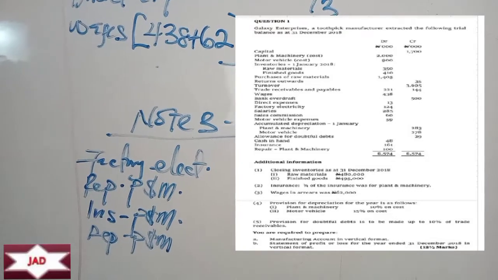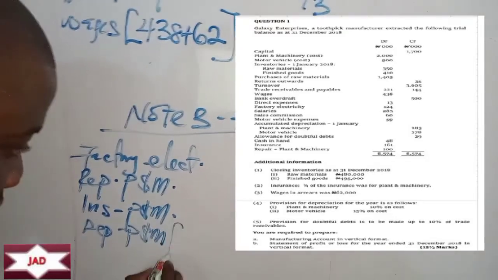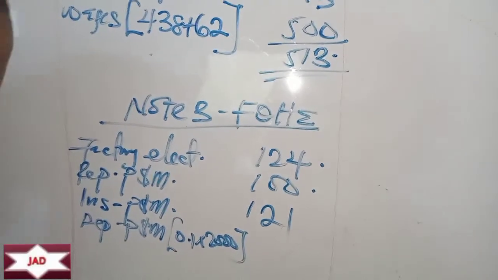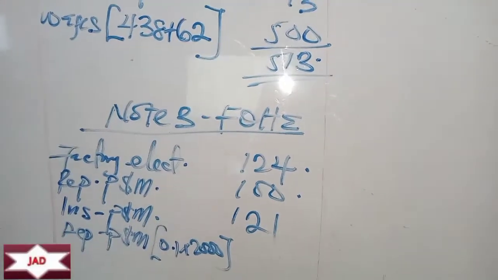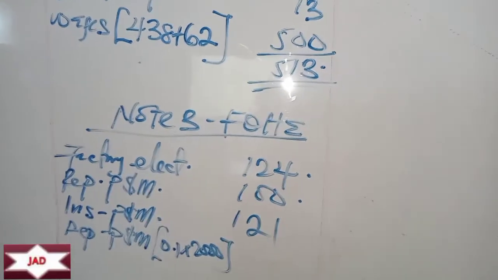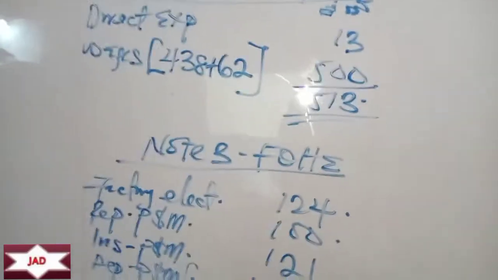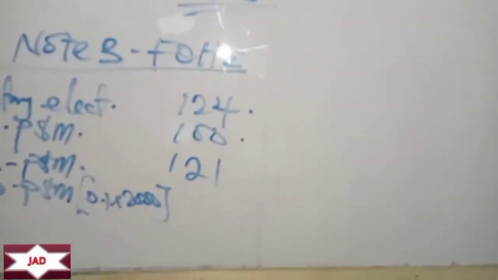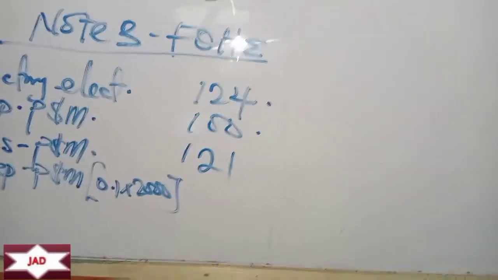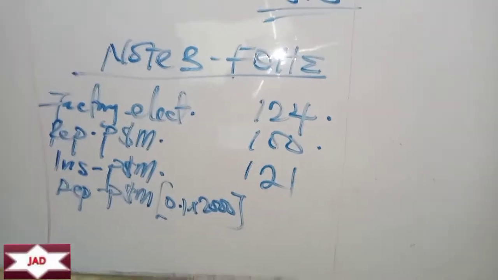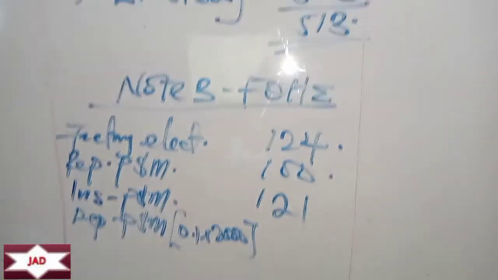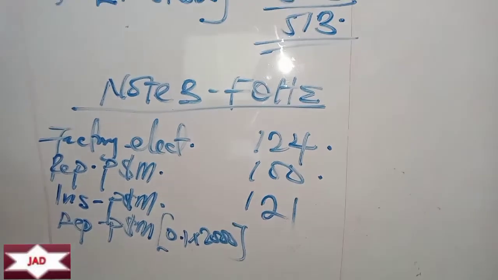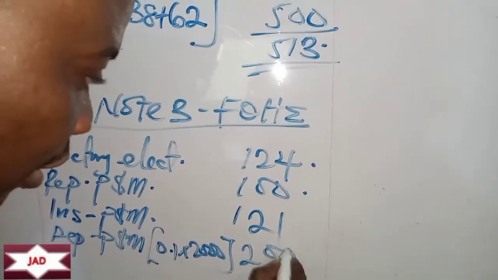So 10% of 2,000, that is 0.1 times 2,000, which is 200. So we have 200.